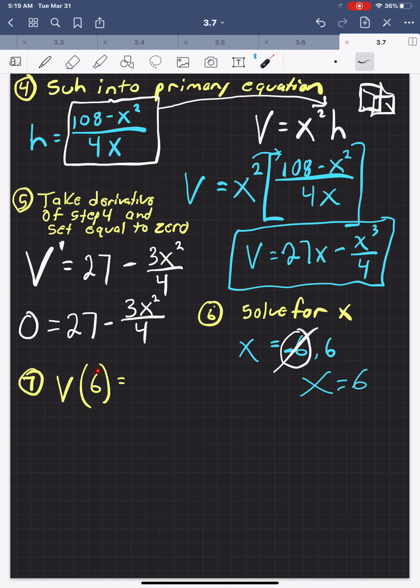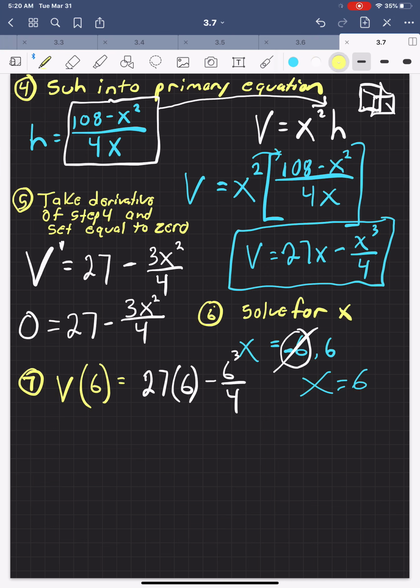So if you take that positive 6 and plug it into your volume formula, the one where you don't have an h, the formula that only requires the x value, that would be 27 multiplied by 6 minus 6 cubed over 4.